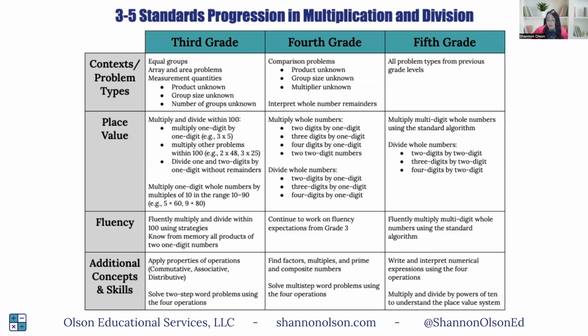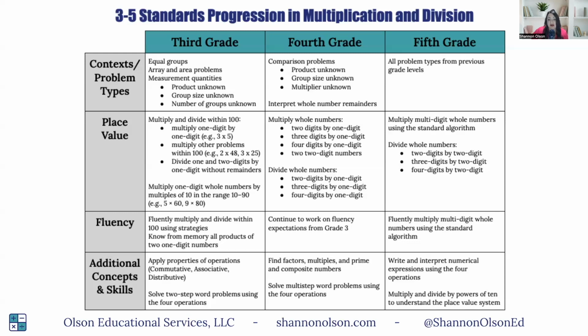They're learning what multiplication and division are, as well as becoming fluent with those facts, all in third grade. Fourth grade, there are no fluency expectations in multiplication and division. So it's recommended to continue to work on the fluency expectations from third grade. Fifth grade, multi-digit whole numbers, multiplying with the standard algorithm.